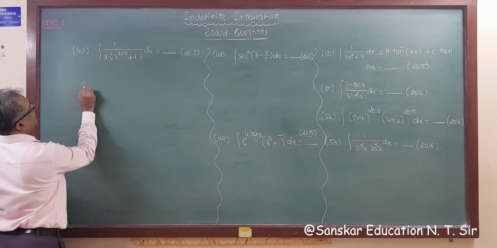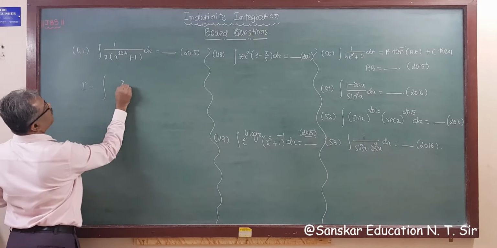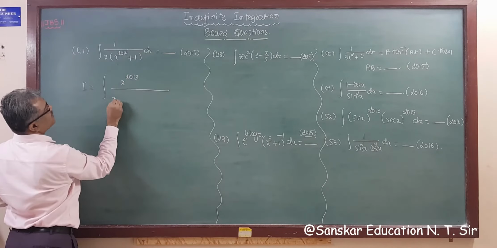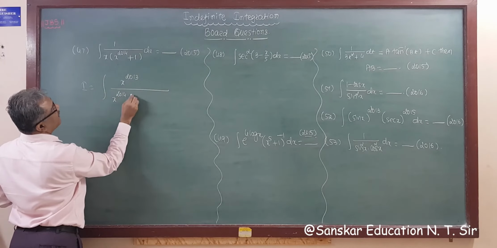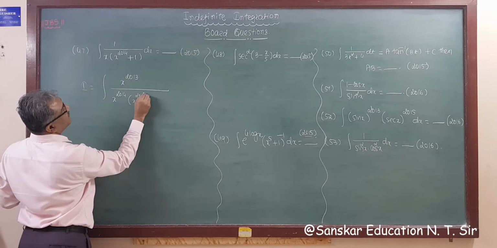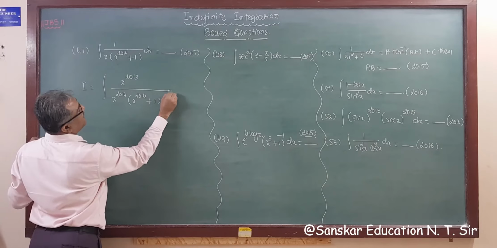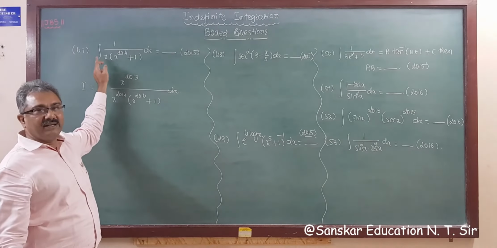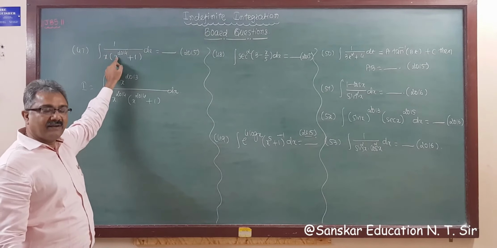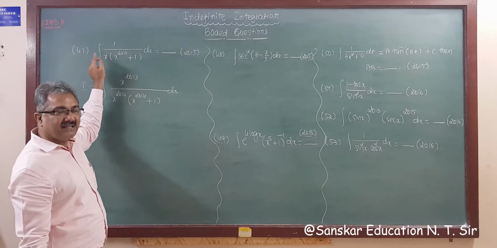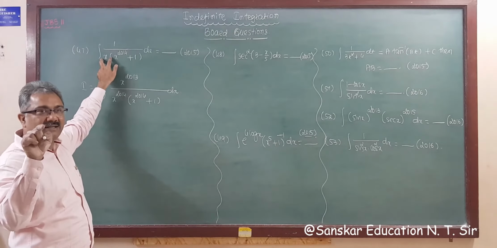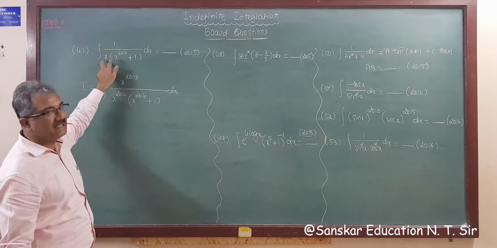So divide and multiply by x raised to 2013. So this becomes x raised to 2014 into x raised to 2014 plus 1 dx. This is the hint. See, this is 2014 and here is x, so 1 less; if we multiply by 1 less, then this becomes 2014 again. In this type of example, you take the hint like this.